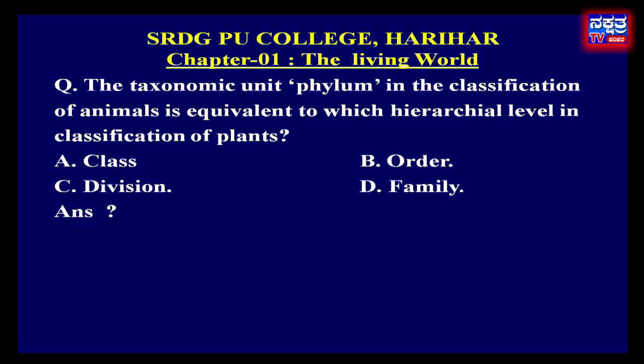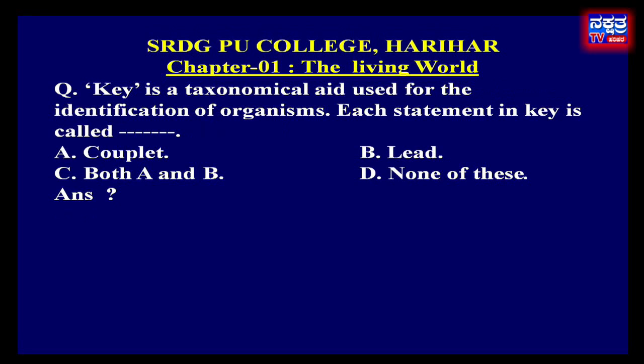Move to the next question. Key is a taxonomical aid used for the identification of organisms. Each statement in a key is called: options A, couplet, B, lead, C, both A and B, D, none of these.